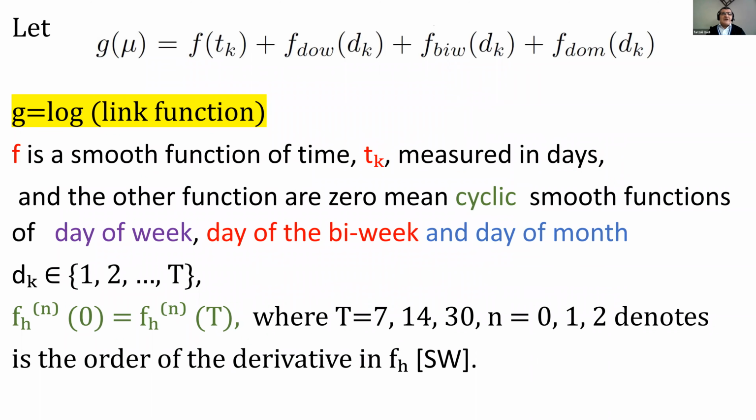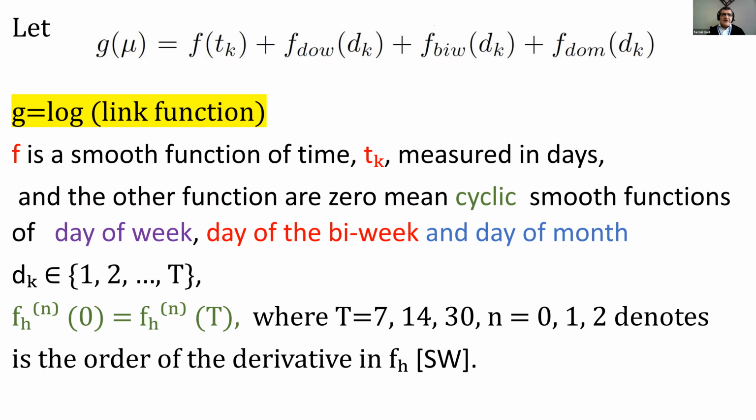Let g, which I called the link function, be a function of mu and written as the sum of four functions: f of time, f of day of week, f of bi-week, and f of day of month. f is a smooth function of time t_k measured in days, and the other functions are zero-mean cyclic smooths of the day of the week, day of the bi-week, and day of the month.